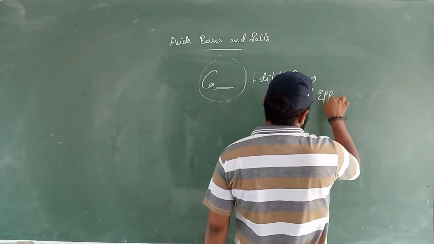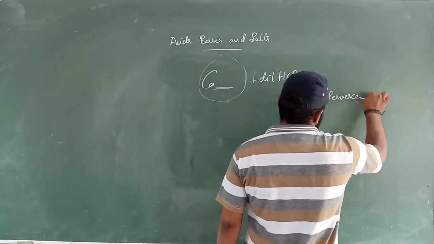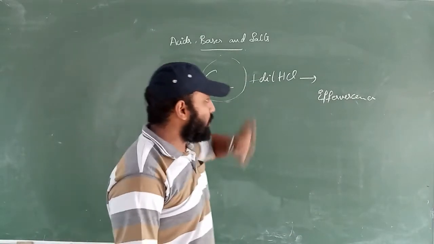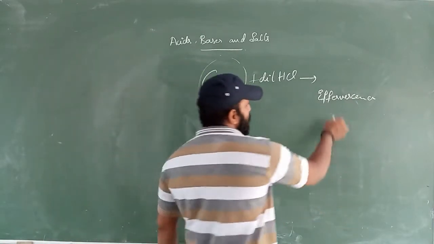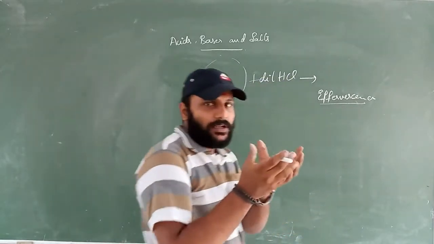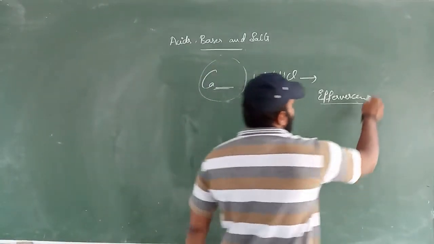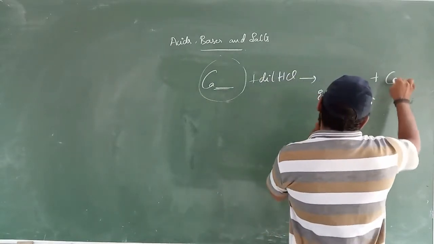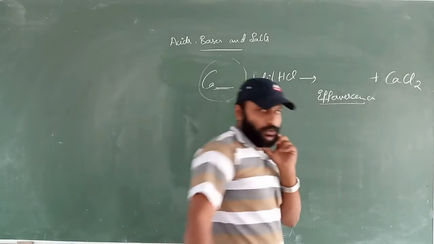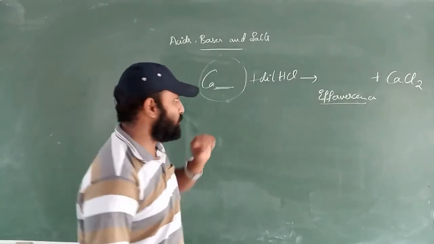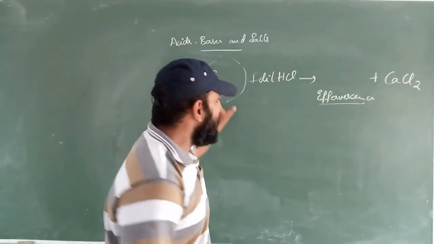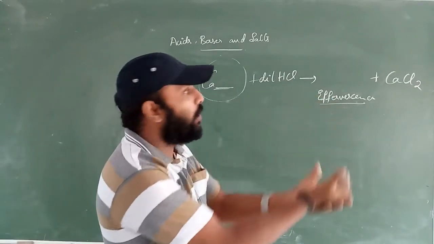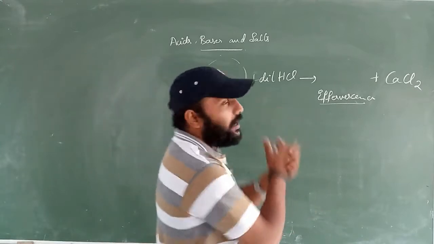Effervescence is nothing but gas bubbles formed. Along with that, one salt was formed. What is the salt? They told us calcium chloride is formed. Understood what the question is? A compound of calcium is reacted with dilute HCl, and effervescence is formed along with a salt, calcium chloride.